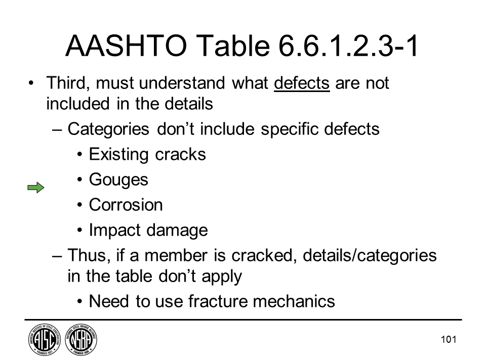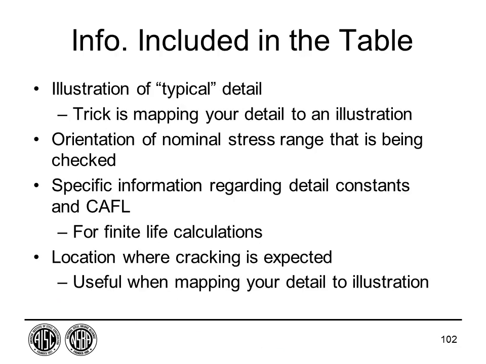The details that are tested are assumed to be fabricated to normal quality and the member's in good condition. That's not to say that a little corrosion is going to be a problem, but severe corrosion wouldn't really be included. Again, if it's cracked, you can't use the fatigue categories. You have to switch to what we talked about earlier, fracture mechanics, remember, which is a way to try to address the effects of cracks in solids.